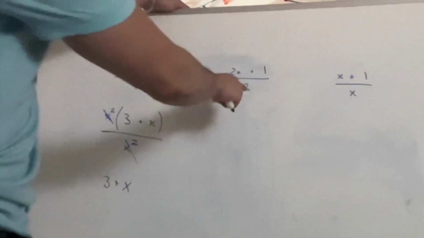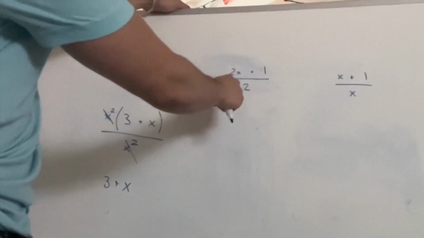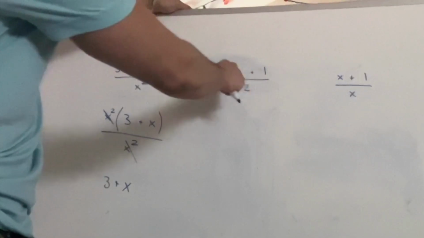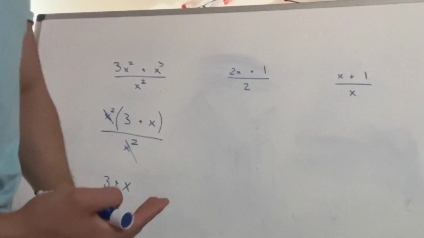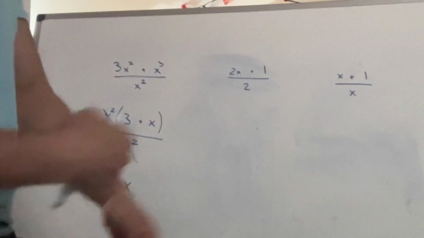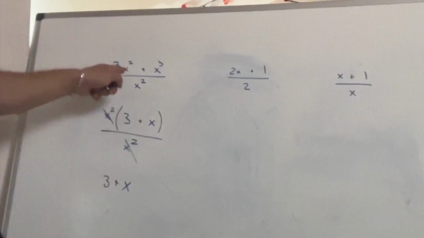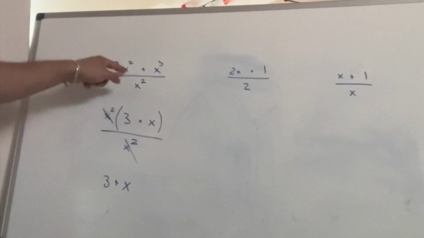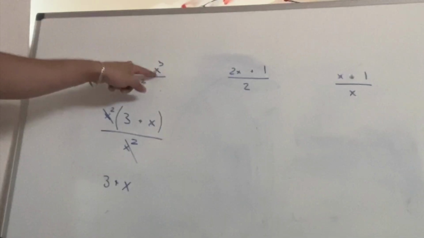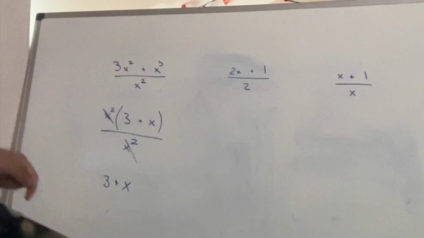Because if I want to cancel out this 2 and 2, this has to be 2 as well, because the 2 has to apply to everything on top and bottom in order to cancel it out. Like this x here, there's an x here, there's an x here. Well, there's an x squared here, there's an x squared here, and there's an x squared here, right?